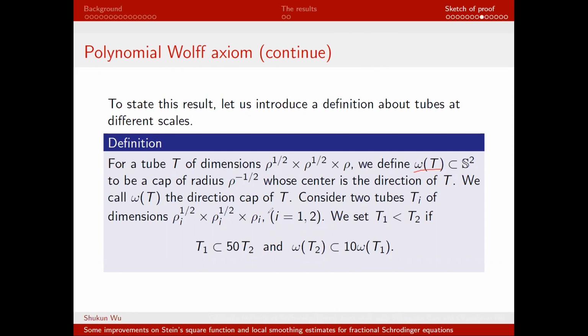And we consider two tubes, T1 and T2, each at scale rho 1 and rho 2. And we define T1 is smaller than T2 if, first, T1 is contained in T2. And second, the directional set of T1 contains the directional set of T2. That's basically the two restrictions we made on T1 and T2.